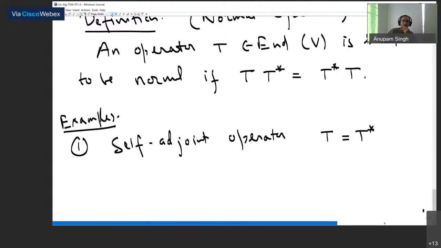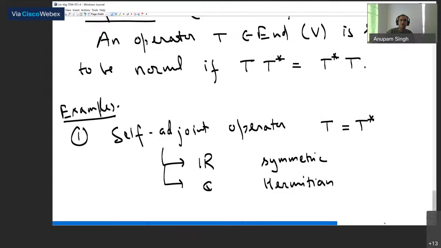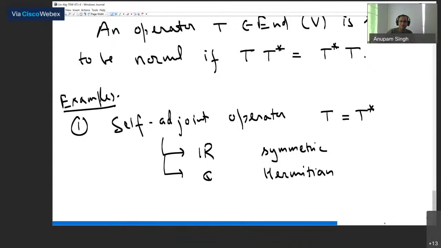If you recall, in yesterday's lecture I defined what is called a Hermitian operator, right? In the real case, this is nothing but what I called symmetric, and in the complex case, this is what I call Hermitian. So if we understand normal operators, we can also say something about symmetric matrices or Hermitian operators. That is the first example.